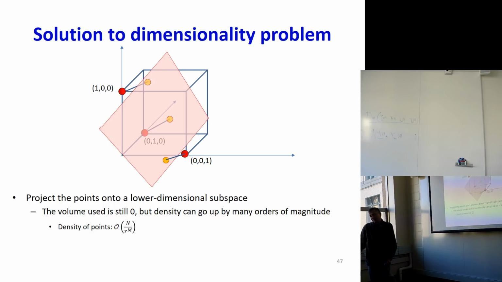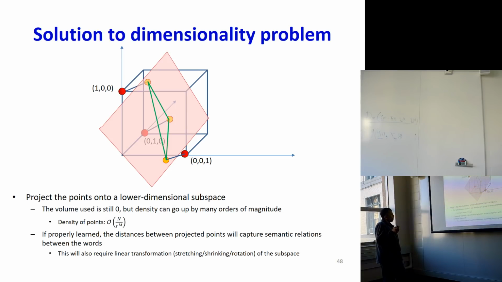So you're once again making a more efficient use of your space. You're also going to need fewer parameters. And if properly learned, the projections of all of my points on the space will be such that the distances between the points actually tell you something about the relationship between the words.